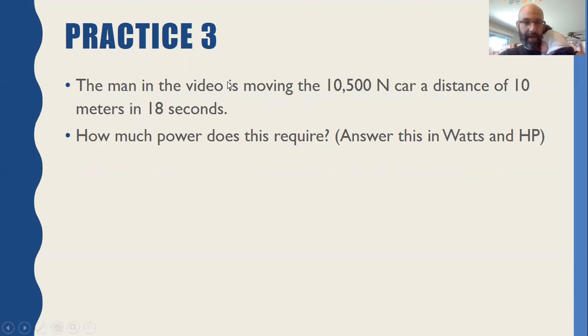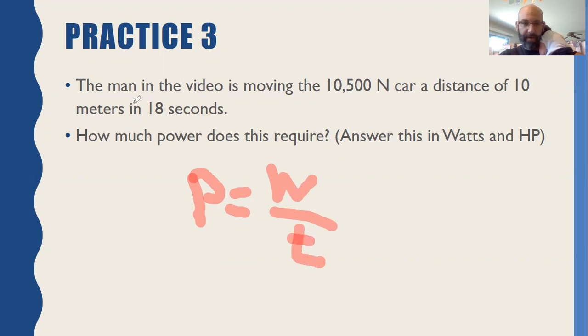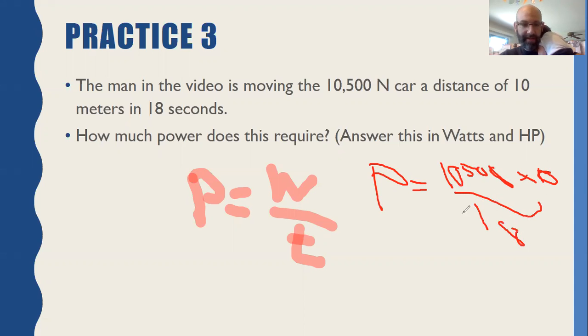This is just a nice, easy plug and chug equation. Power is work over time. We're looking for power. We don't know work, but we know work is force times distance, or 10,500, that's force, times 10, over 18.